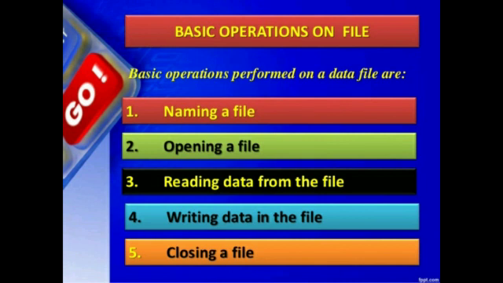Reading and writing are optional according to our requirement. Sometimes we want to read data from the file, sometimes we want to write data to the file, sometimes we want to read and write together.